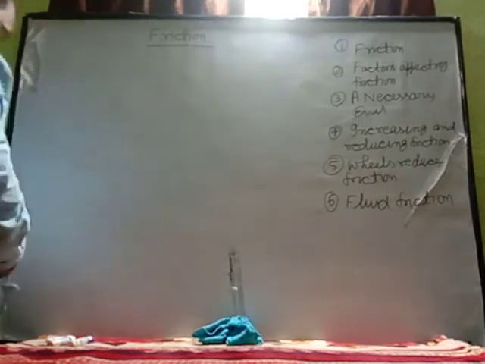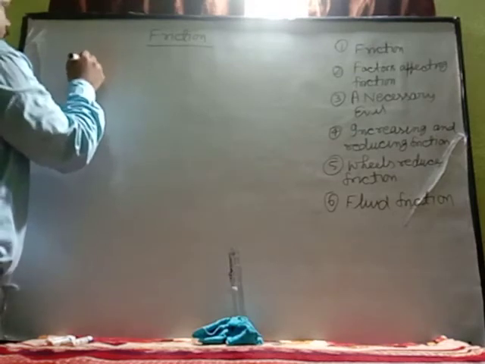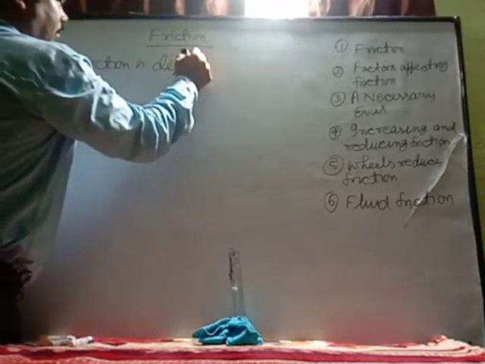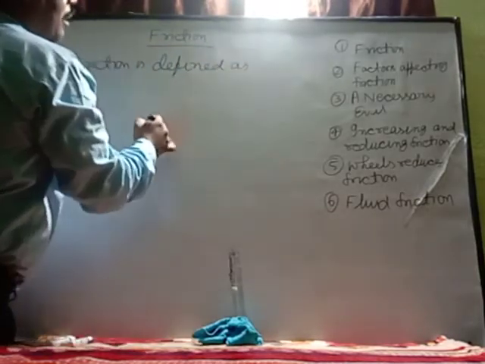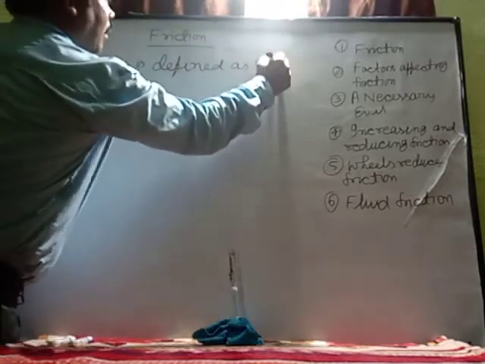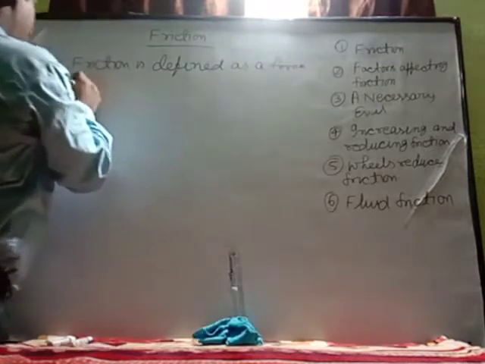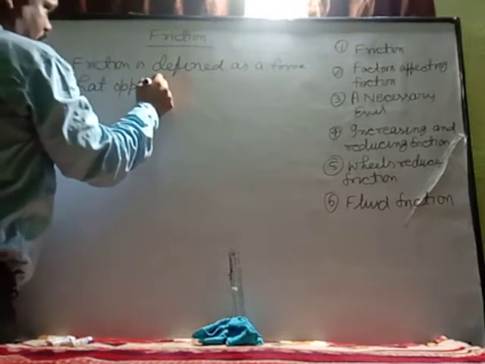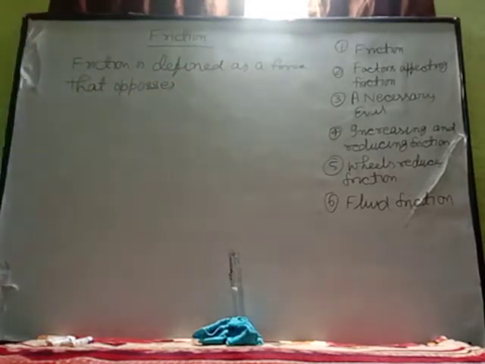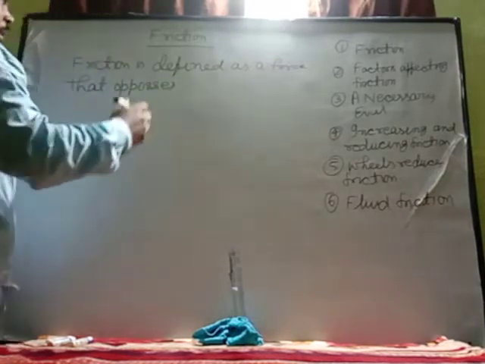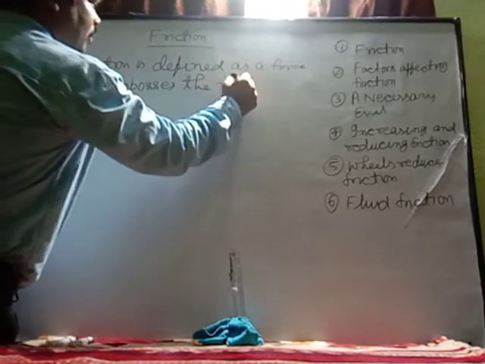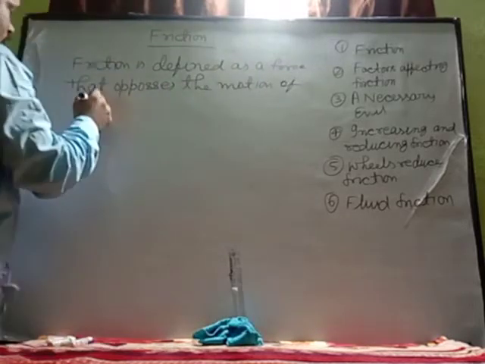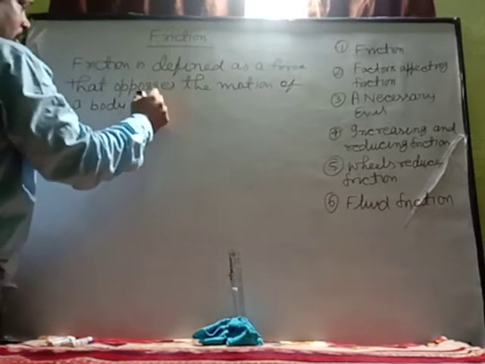So what is the definition? Friction is defined as a force that opposes the motion of a body moving.